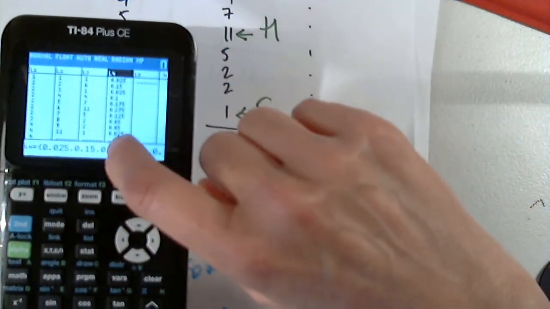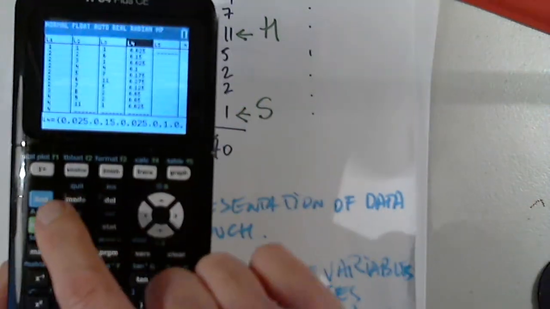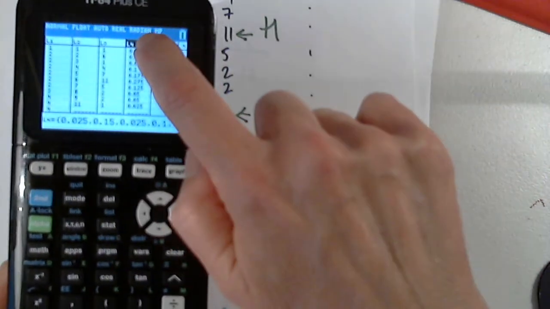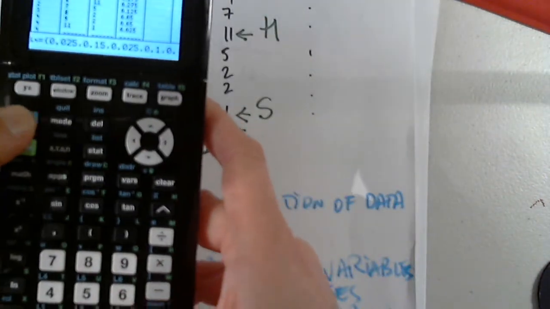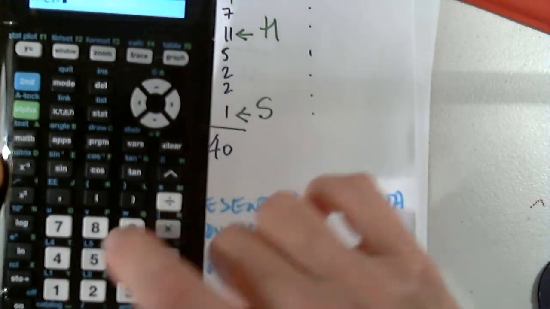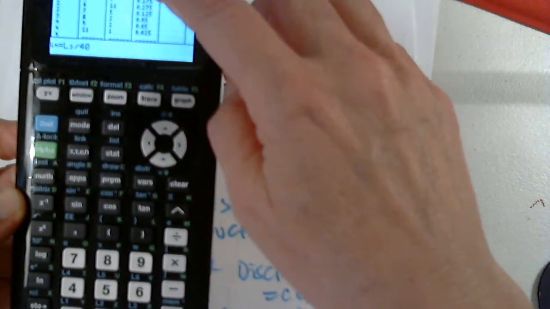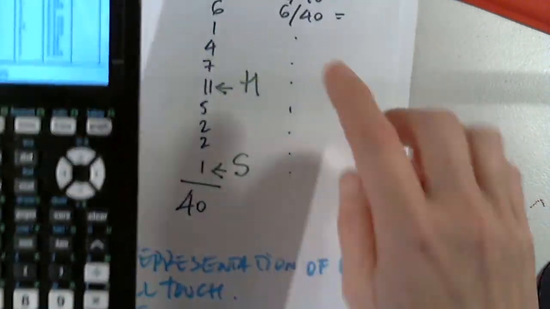And in order to determine the percentages, or the decimals if you want, all I have to do is highlight the top and enter L3, second 3, and divide by 40. That's what we had. And then I get all the frequencies and I can copy them.